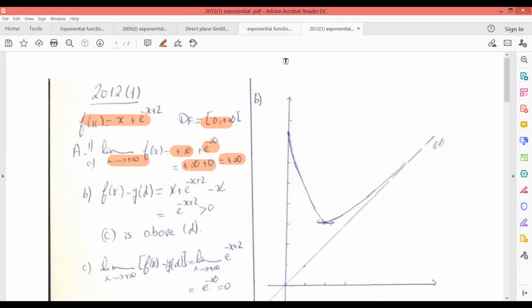We do f(x) minus y_D. This is f(x), minus y_D is minus x. x with minus x is 0, then we get e to the power minus x plus 2, which is positive. We don't take it equal to 0 here because e to any power is always positive. Then C is above D. So we don't solve it equal to 0 since the exponential is positive.